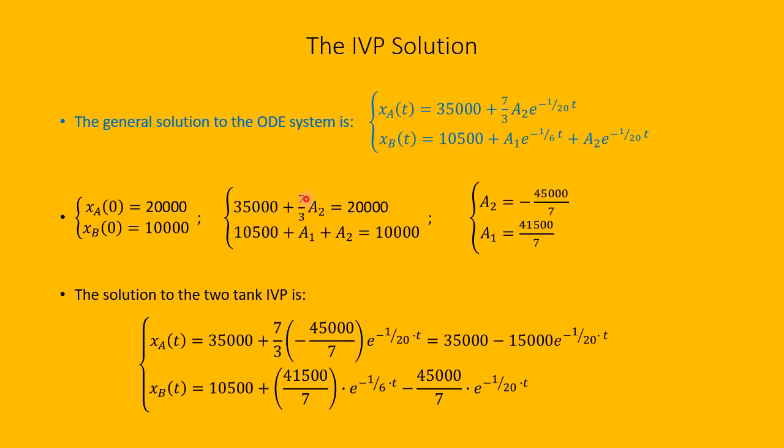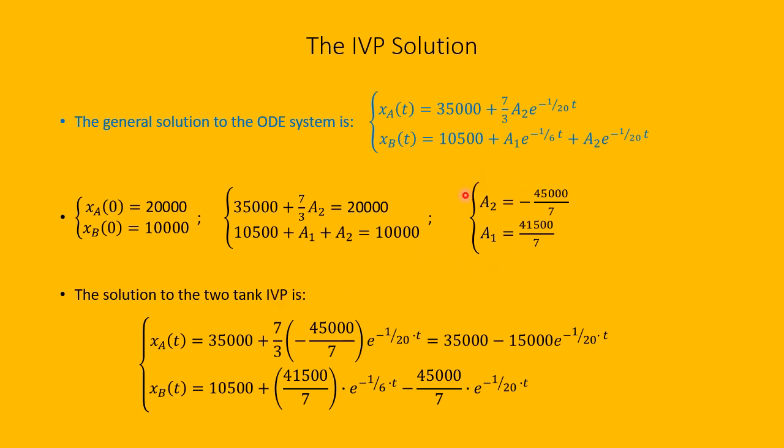These are simple algebraic equations, a system of linear equations. Solve them any way you like, and we find that a2 is minus 45,000 over 7, and a1 is 41,500 over 7. So now we can come back here and get the solution to our initial value problem.